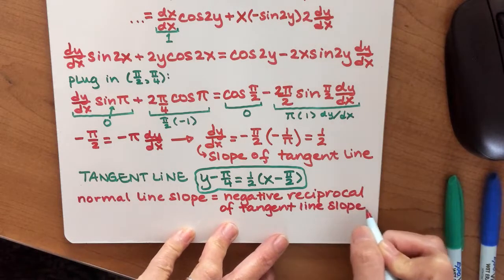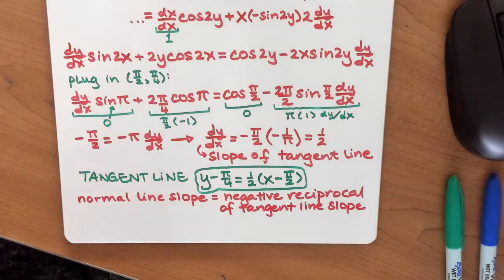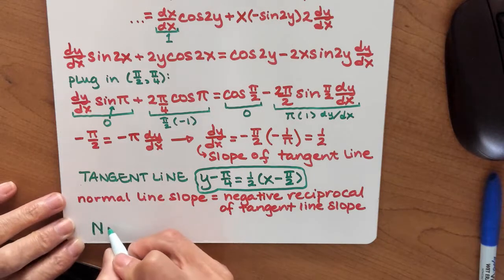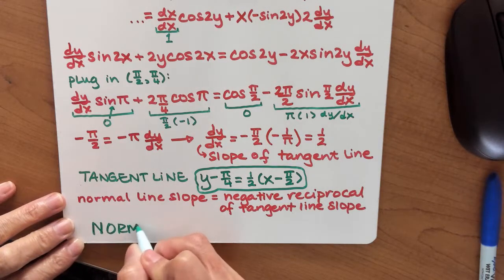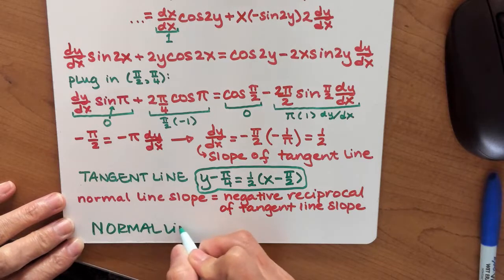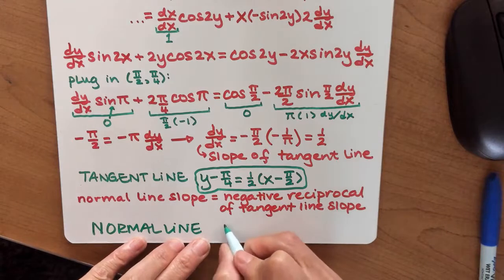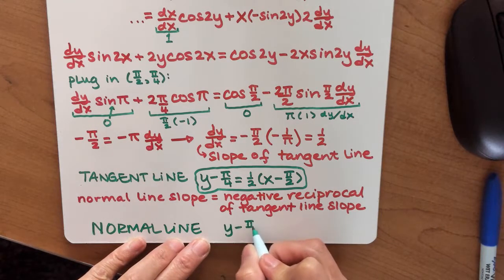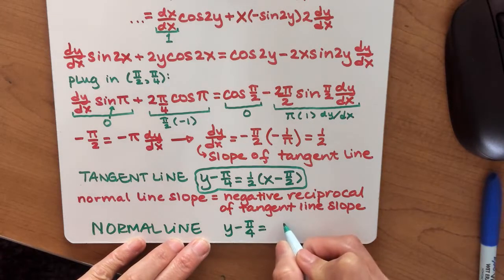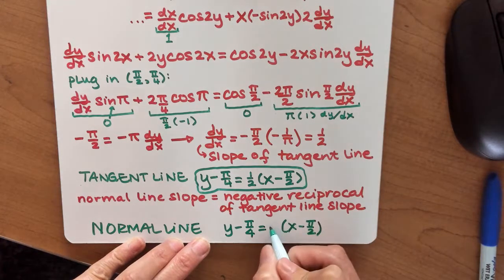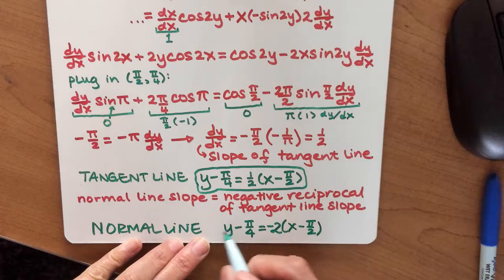So that means if the tangent line has a slope of 1/2, the normal line must have a slope of -2. So now my normal line equation at the same point, so it's still y minus pi over 4, and it's still x minus pi over 2, but now the slope is -2.